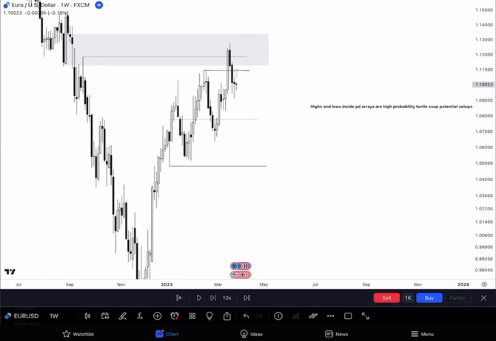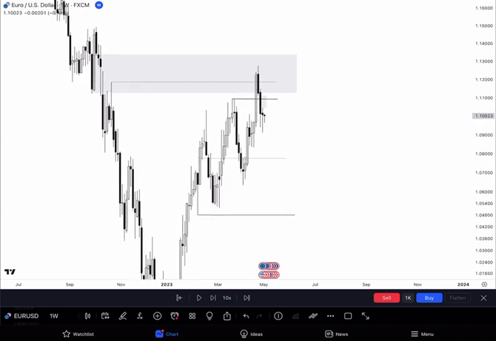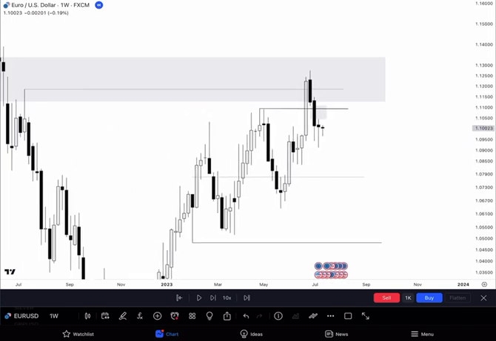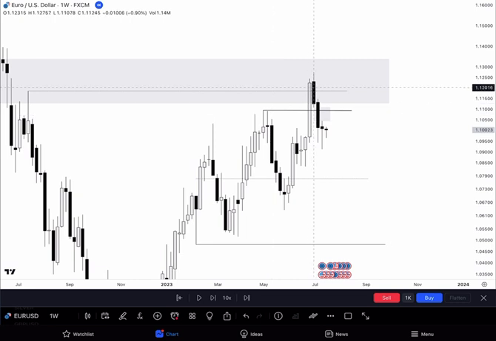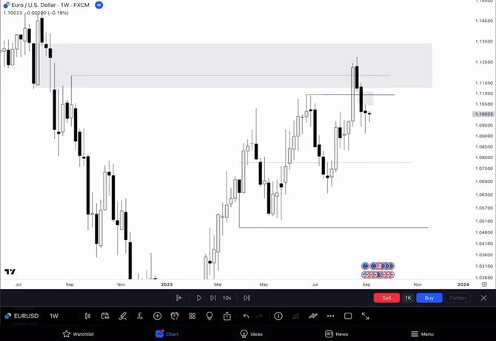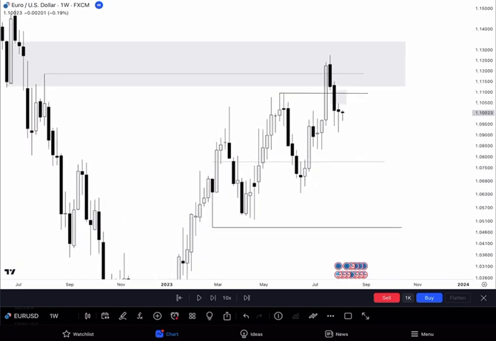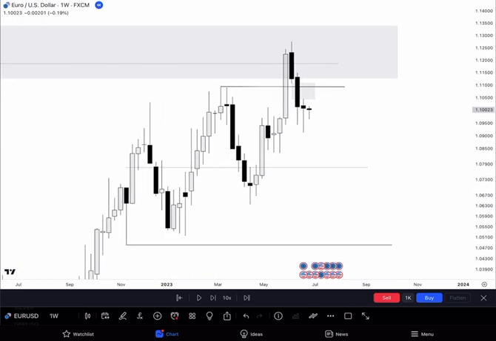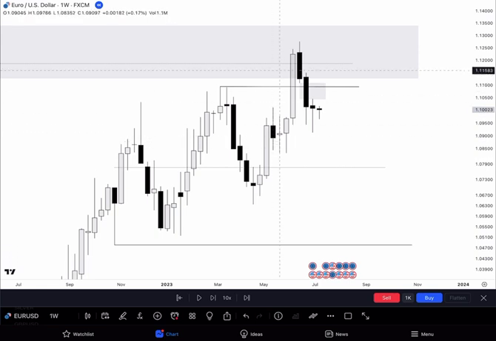So you have this happen, then you have a rejection of the high, right? It closes once above, never twice, and it falls down. Now, keeping that in mind, we close above the high, we close back below the high, right?